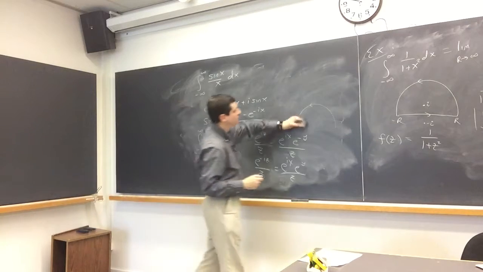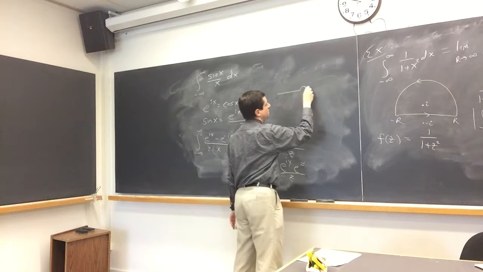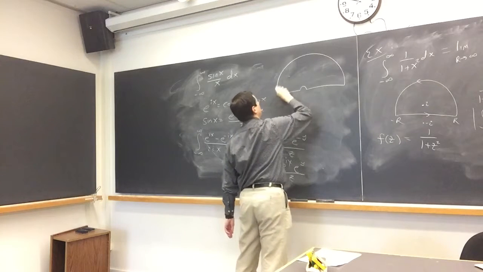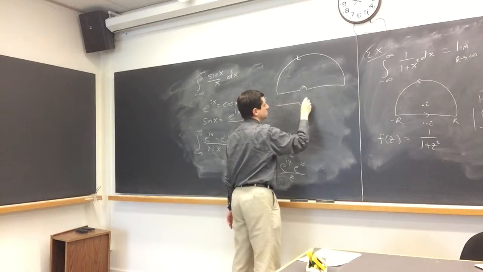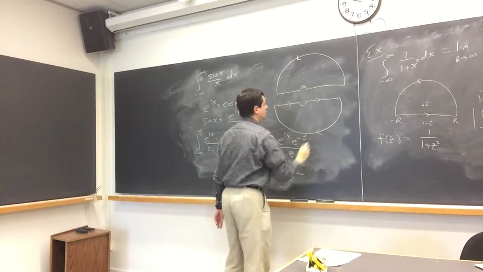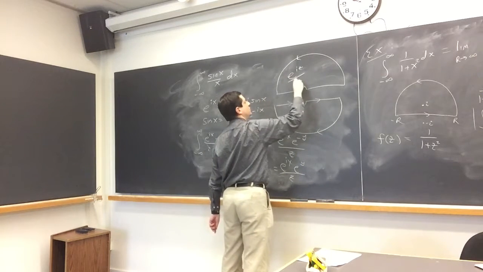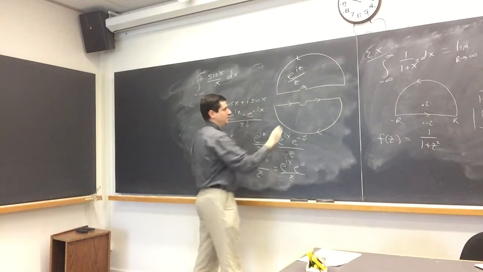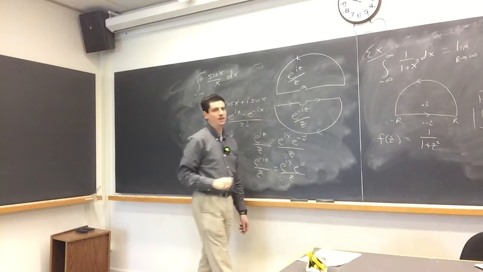So we will do the e to the iz over z on this piece, and we'll do the e to the minus iz over z on this piece.